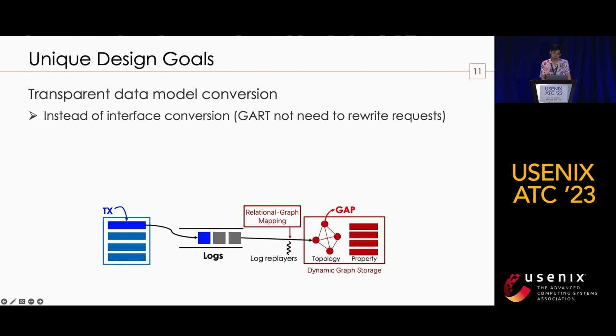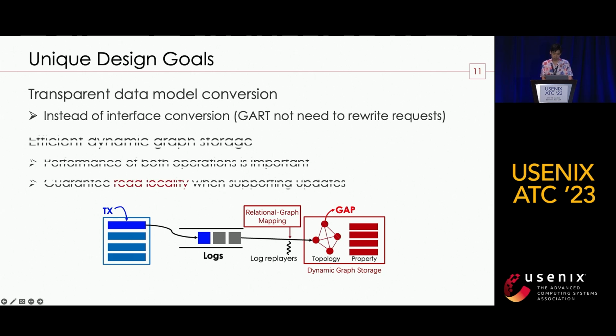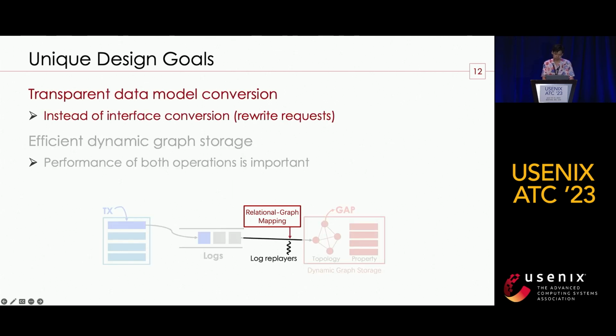Instead of interface conversion, GAT does not require users to rewrite their queries or requests. Users of GAT also do not need to care about how the data is converted. Second, we need an efficient dynamic graph storage because both read and write performance are important. In particular, GAT should guarantee read locality when supporting graph updates.